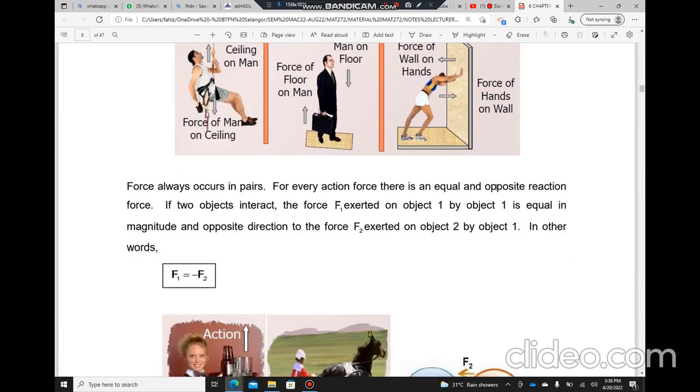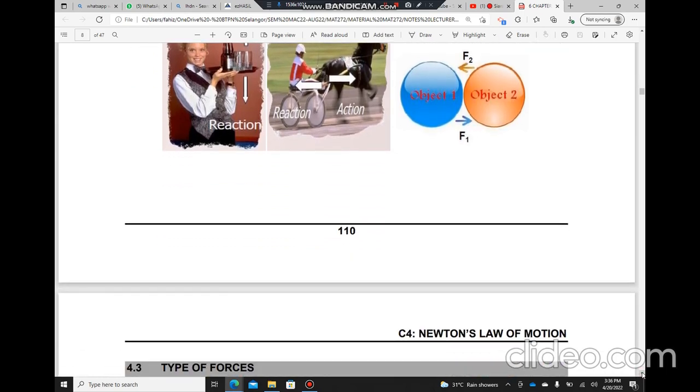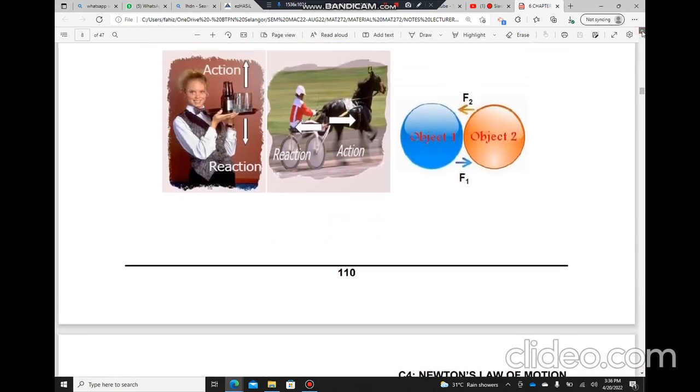Dia opposite direction. Okay, so this one is contoh yang ni lah, objek 1 dia tolak objek 2, objek 2 tolak objek 1. So F1 equals to negative F2. Ataupun yang ni, action dengan reaction. This one also reaction and action. Okay, so this one for Newton's third law.